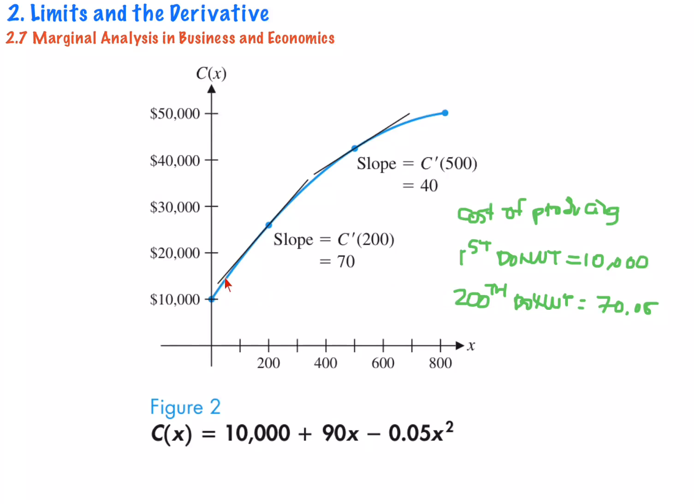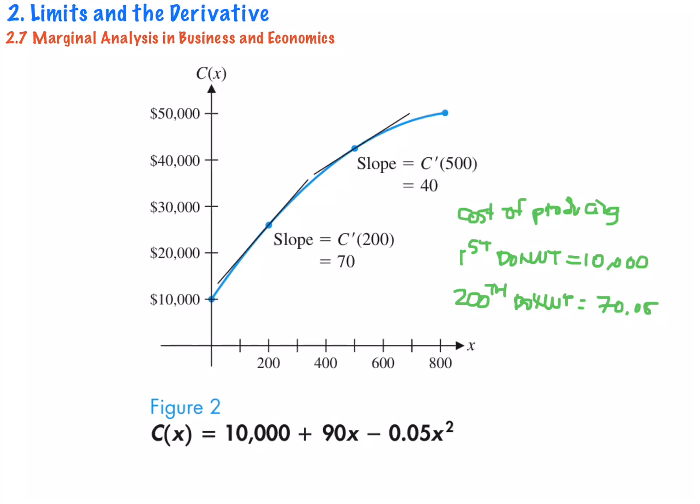For the 200th donut, the production is already continuing and you have leftover ingredients, so you can have a cheaper production rate, which leads to 70.05.